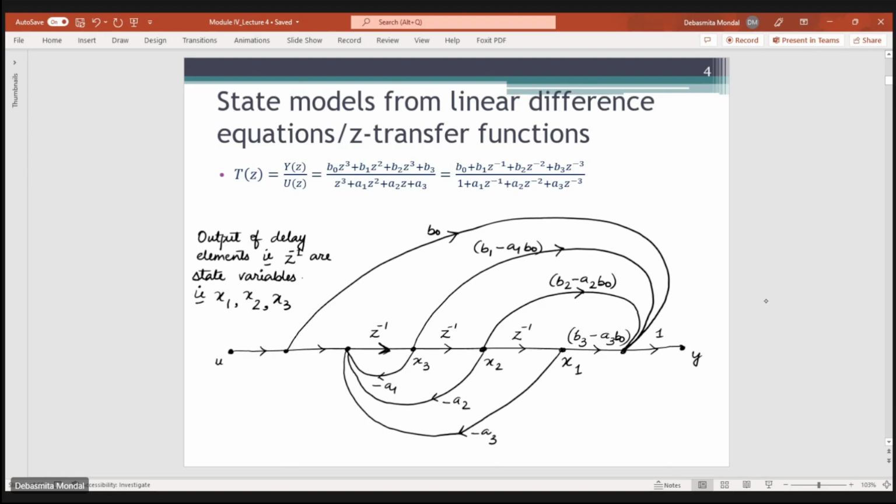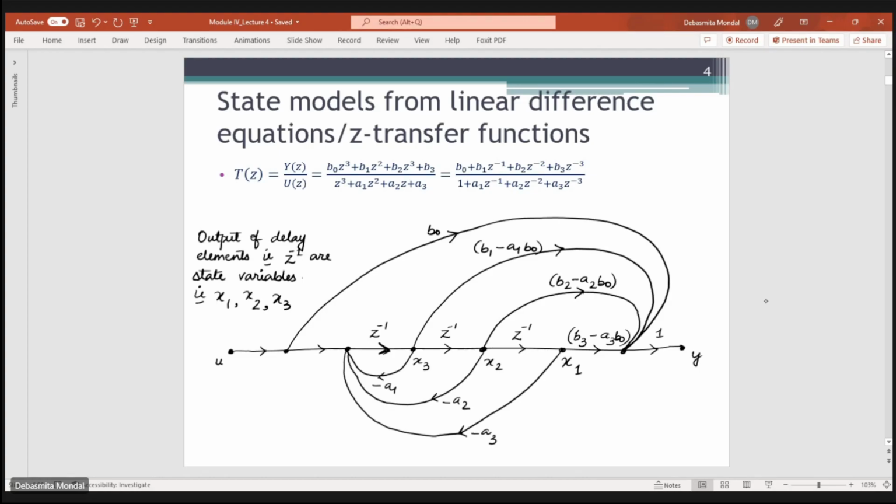Okay, so if T(z) is given by something like this, with B0 z cubed plus B1 z squared and so on, then first of all, the highest power of z in both the numerator and denominator is z to the power 3. So we'll divide both the numerator and the denominator by z to the power 3. If we do that, then in the numerator we get B0 plus B1 z inverse plus B2 z to the power minus 2 and B3 z to the power minus 3. Similarly, in the denominator we have something like this.